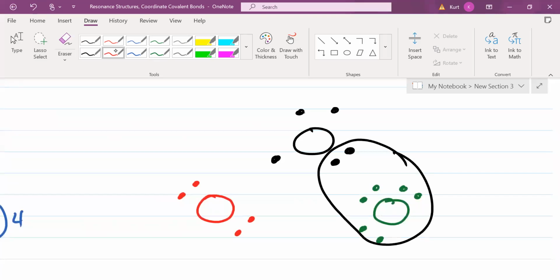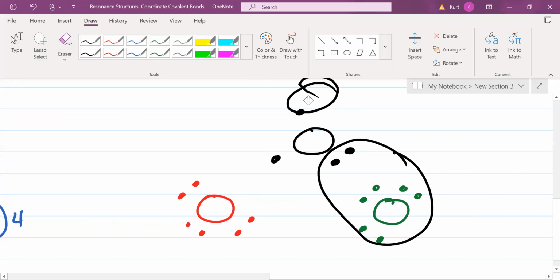Okay. 2, 4, 6, 8. 2, 4, 6, 8. This electron is going to come over here, if I can move it.